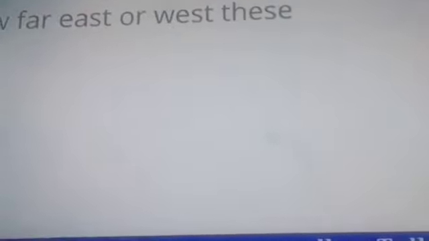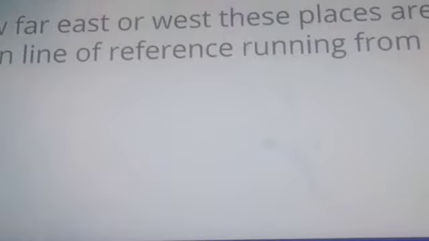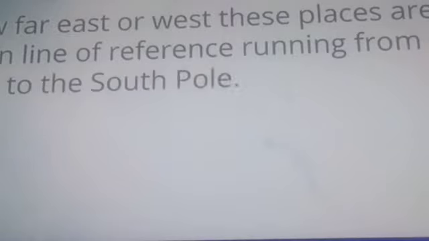Now, in order to locate these places accurately, we must find out how far east or west these places are from a given line of reference running from the North Pole to the South Pole.